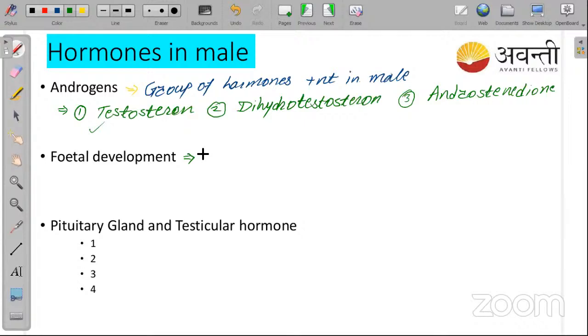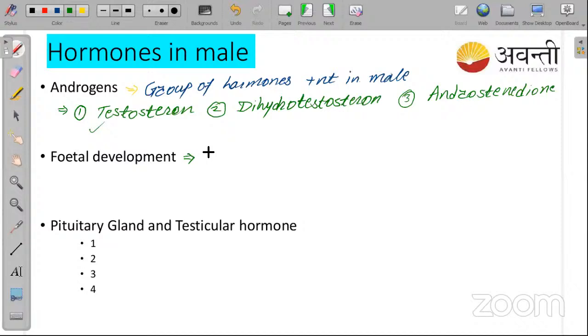One thing I want to share with you is that testosterone works from before birth. How does testosterone work before birth? You already know testosterone develops secondary sexual characters in the male. That is the function of testosterone after birth, but it also works before birth.